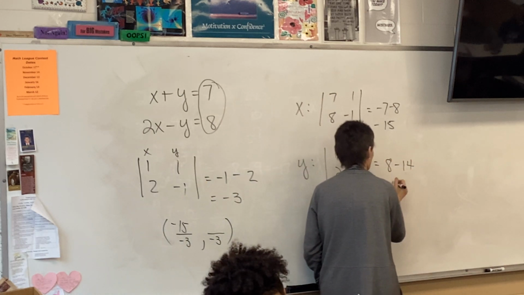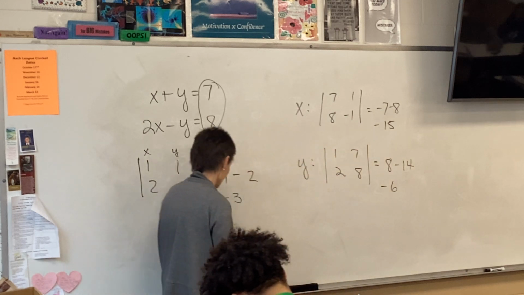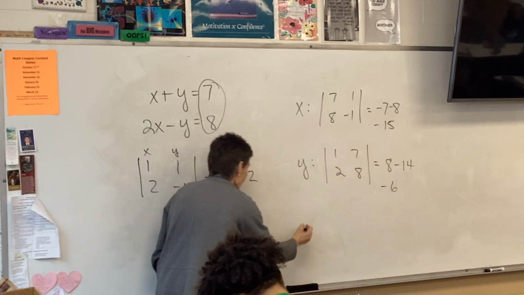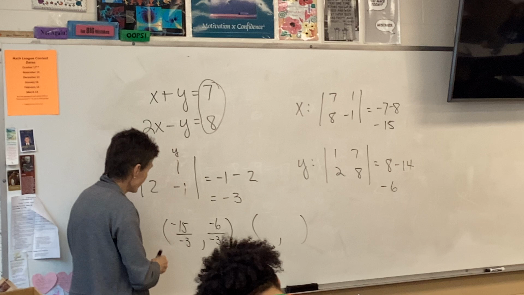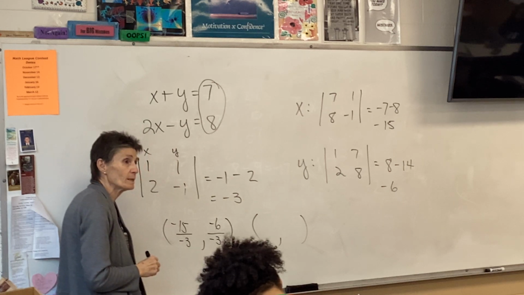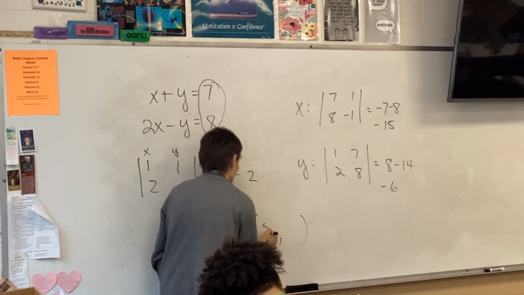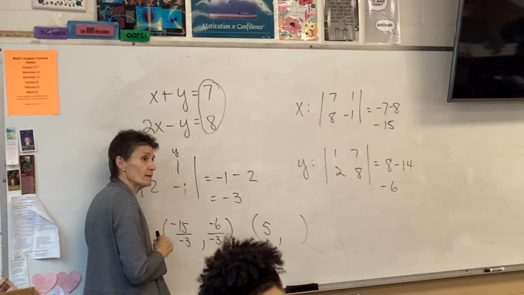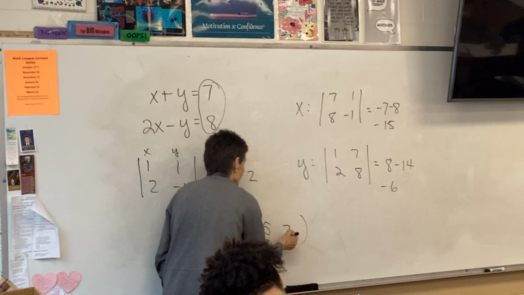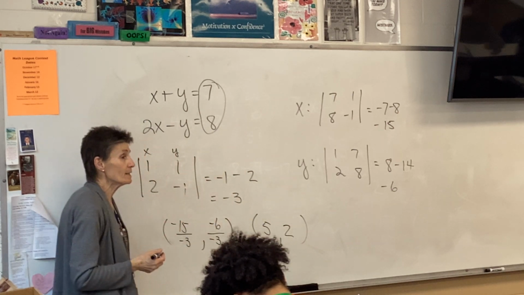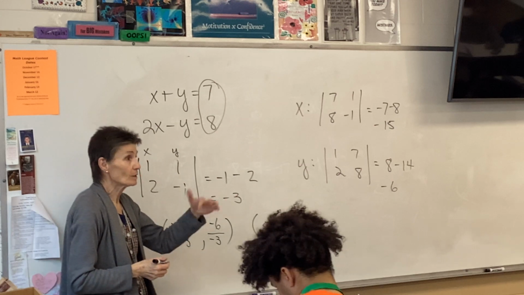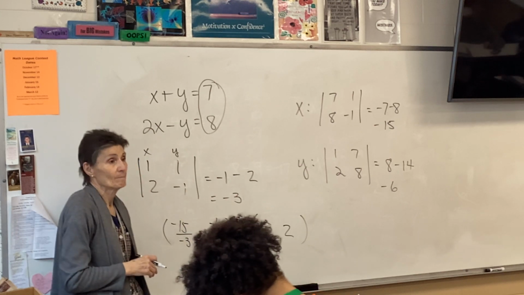Minus 14, -6. Now, just like always, clean it up. What's -15 over -3? 5. And what's -6 over -3? 2. So that one came out nicely. If I substituted or eliminated, it would come out nicely.